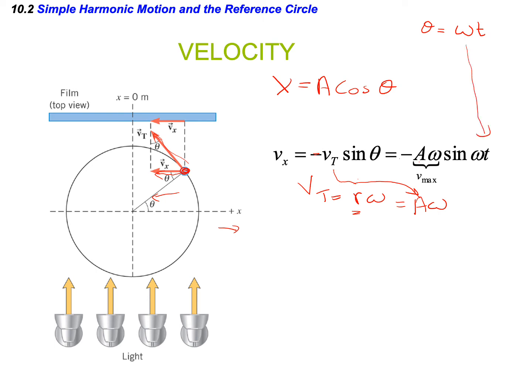So basically the speed along the x direction is negative A omega sine omega t. Similarly, we can write an equation for the acceleration of an object in simple harmonic motion, and I will show you how to write the acceleration along the x direction in the next slide.